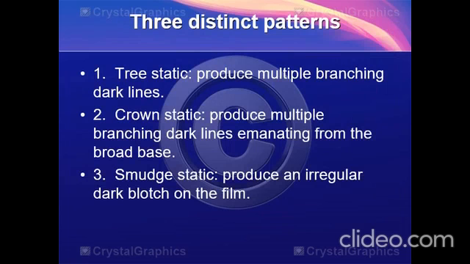We have tree static. So, yung itsura niya parang tree. Produces multiple branching dark lines. Crown static, yung parang ladybug just a while ago. And smudge static. So, parang natalsik siya. Produce an irregular dark blotch on the film.